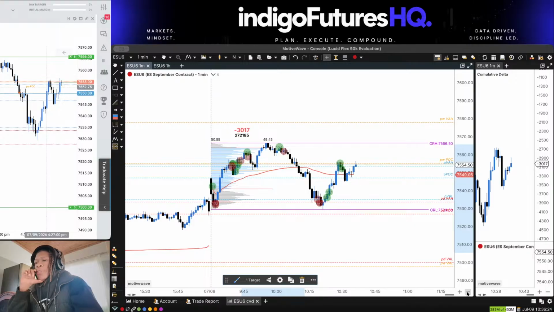Value area high, previously point of control again. Just need to see delta shift a little more negative. It kind of has, if we're looking at it objectively.